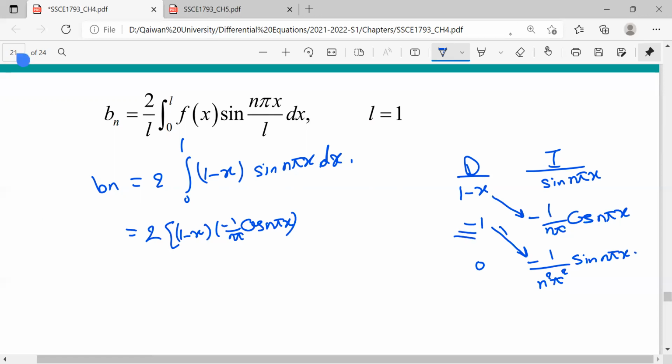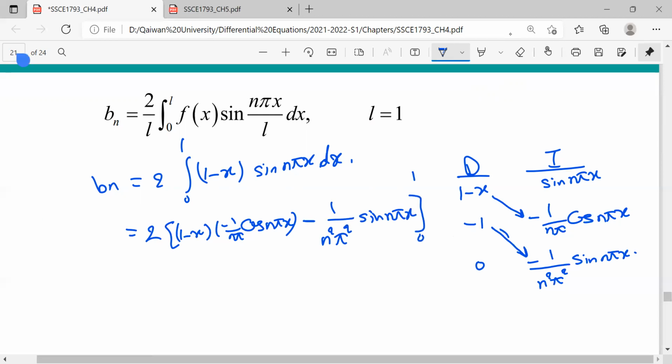Negative times negative is positive, and positive times negative is negative, so we get minus 1 over n squared pi squared sine n pi x.